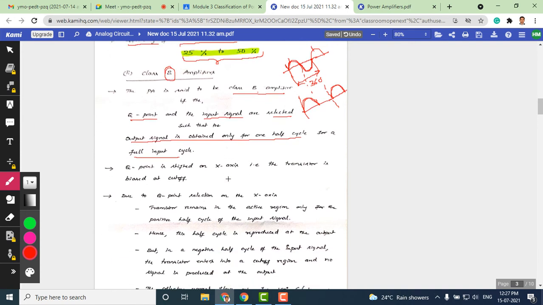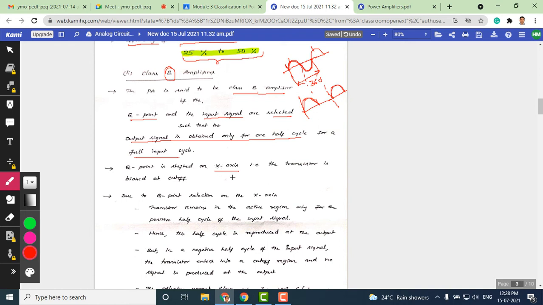Let us see where the Q point is located for this type of amplifier. Unlike the previous class A amplifier, the Q point for a class B amplifier is shifted onto the x-axis. As I told you in the beginning, we don't assume that the Q point is at the middle of the load line for all types of amplifiers.